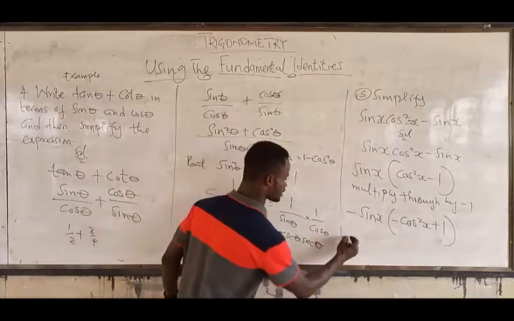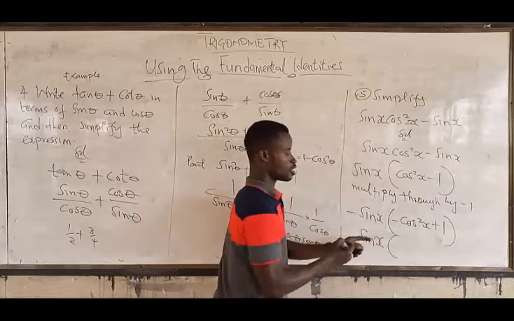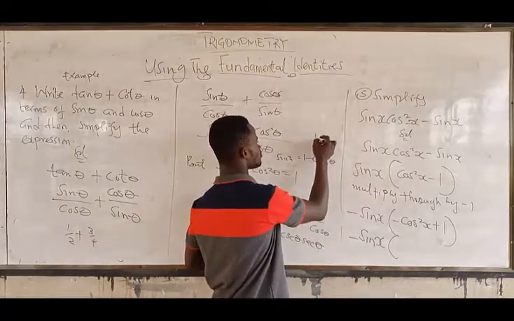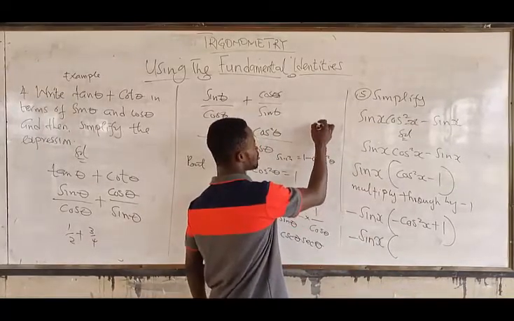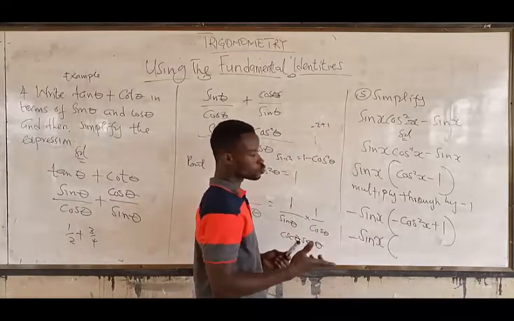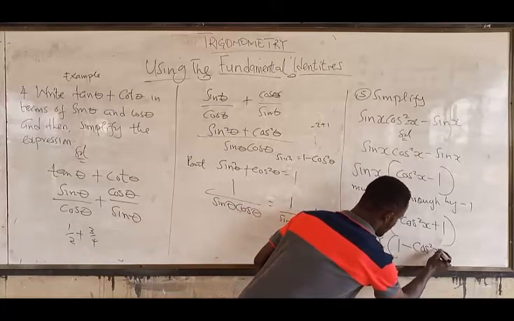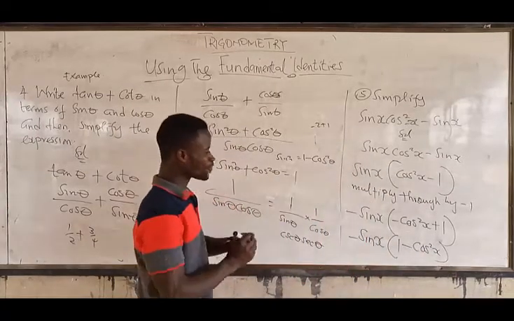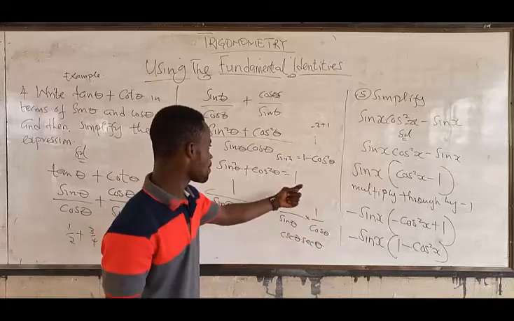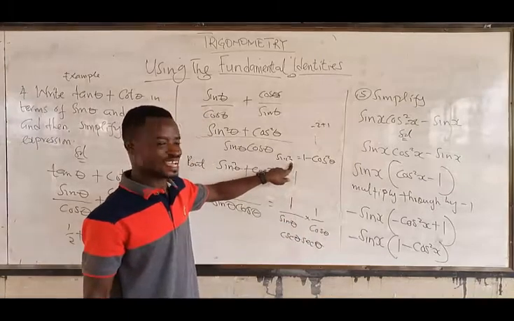We can now rewrite it as sin x, minus 2 plus 1 is the same as 1 minus 2. So this is the same as 1 minus cos square x. Beautiful.